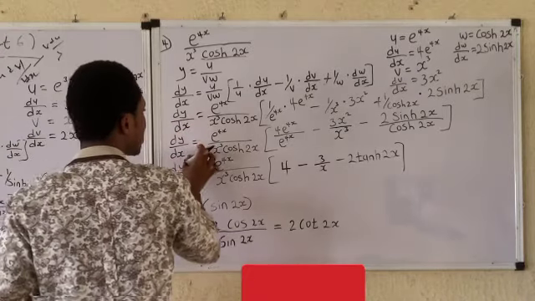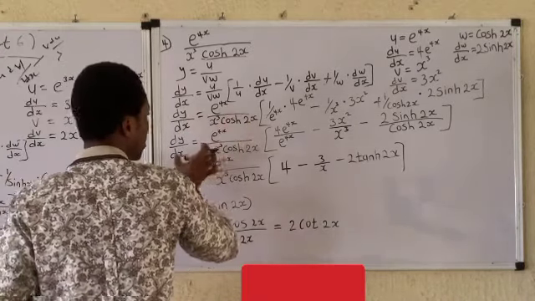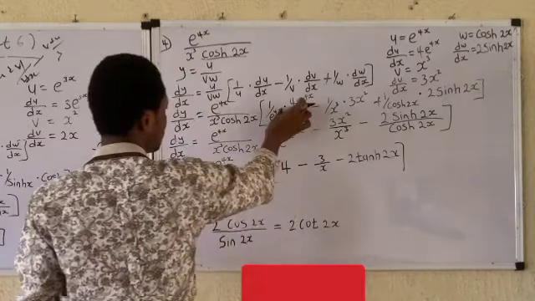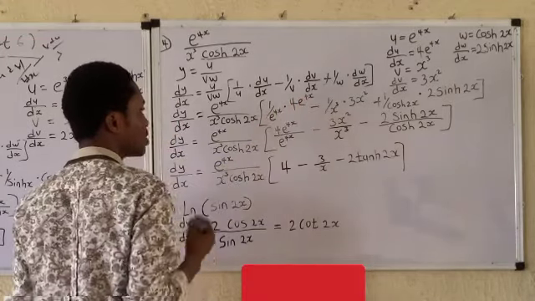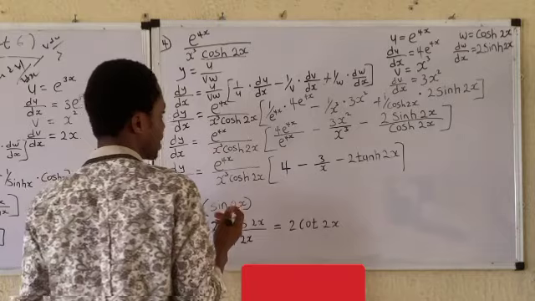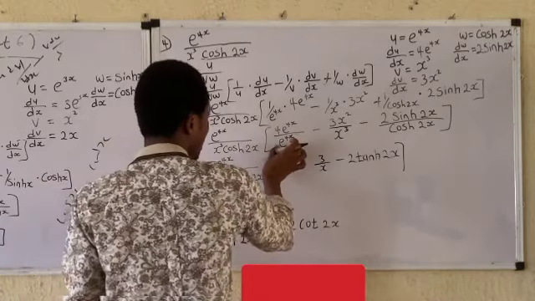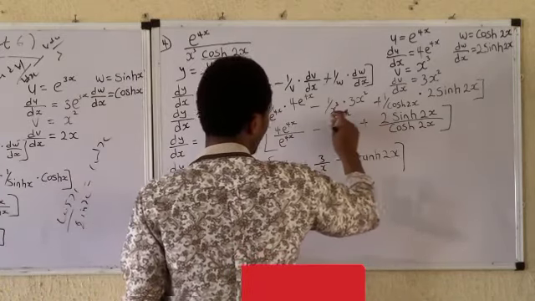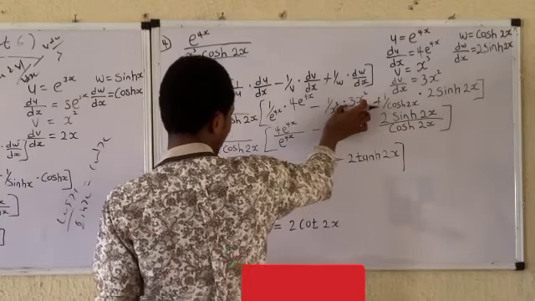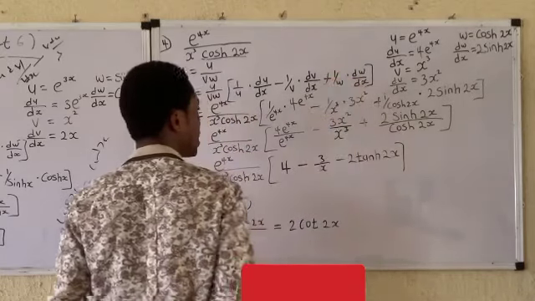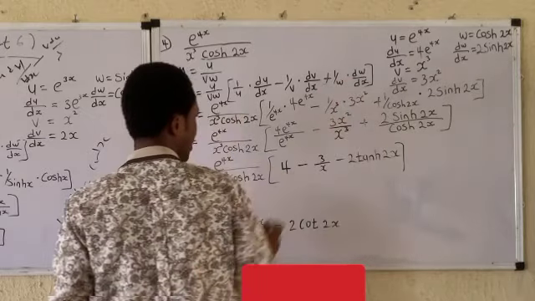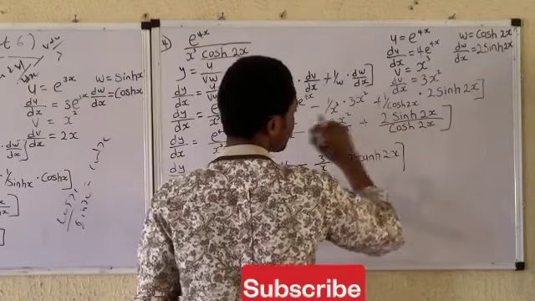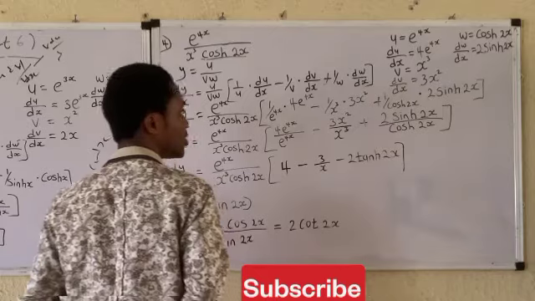dy/dx equals e raised to the power of 4x over x cubed cos 2x. Bracket open. Now, 4 e raised to the power of 4x multiplied by 1 gives the same value, 4 e raised to the power of 4x over e raised to the power of 4x, minus 3x squared times 1, which gives us the same value, 3x squared over x cubed, plus 1 over cos 2x.